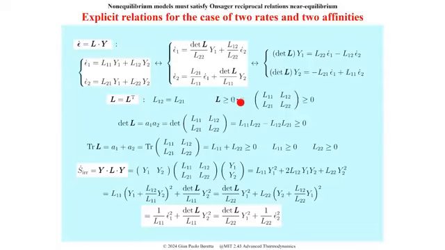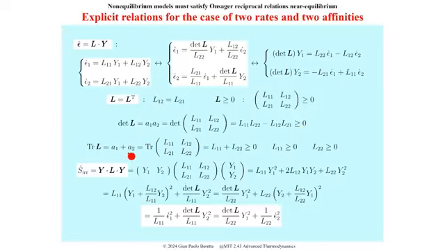Now, when a matrix is positive semi-definite, it means that the elements on the diagonal are non-negative. It means that the eigenvalues are non-negative. Therefore, also the product of the eigenvalues, which is the determinant, is non-negative.